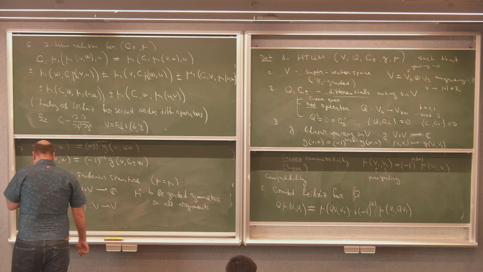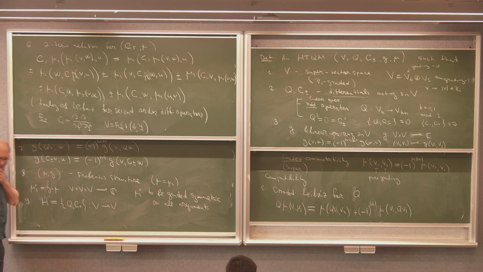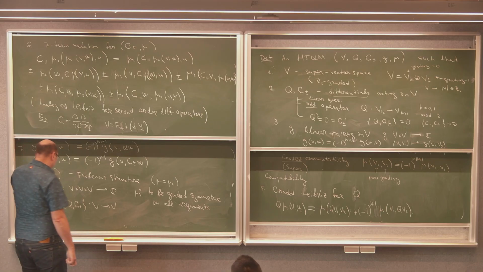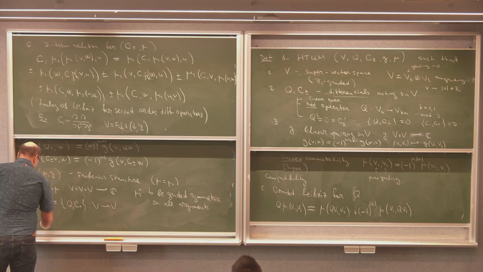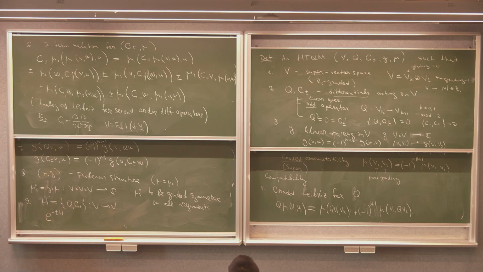So now we constructed this linear operator, and then what we want is to define the operator e to the minus tH.